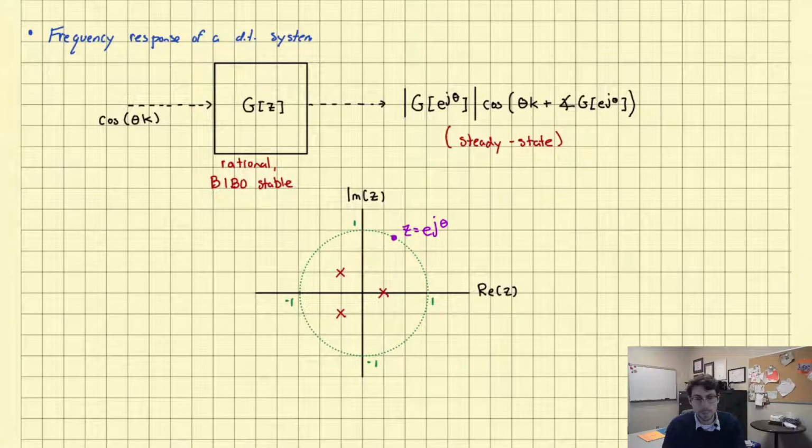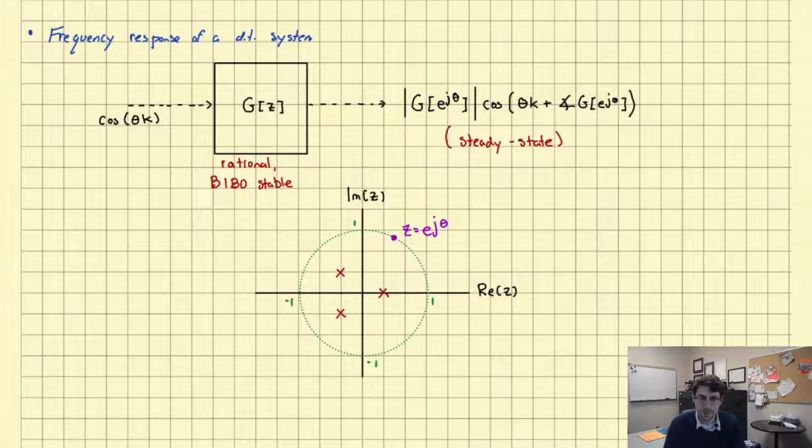And in the complex world, a point on the circle is just e to the j theta, okay? And theta determines, of course, the angle. All right, and so if you were to plot the magnitude response, which would be this function versus theta, or if you were to plot the phase response, which would be this function versus theta, what you will get is essentially the complete information about how the system responds to sinusoidal inputs.